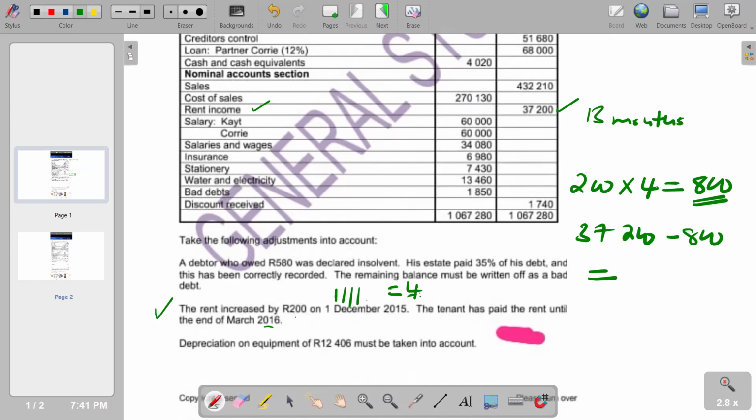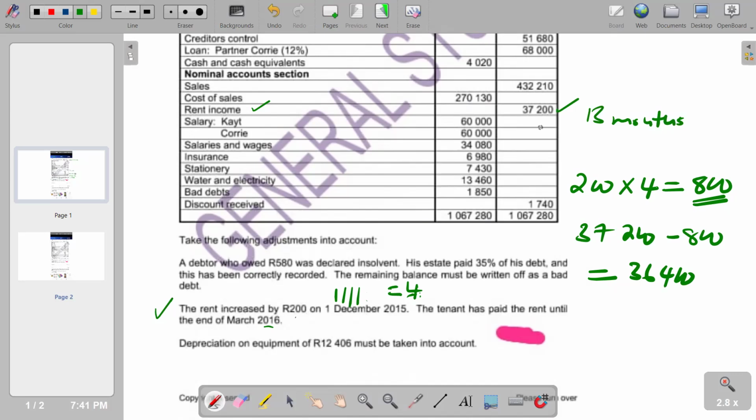Let's subtract: 37,200, then subtract your 800. You get 36,400. So 36,400 is the rent, which is the same amount for each and every month, since we have removed the increases.